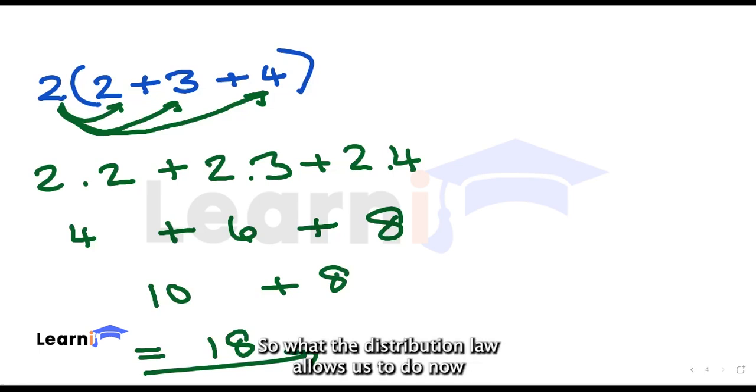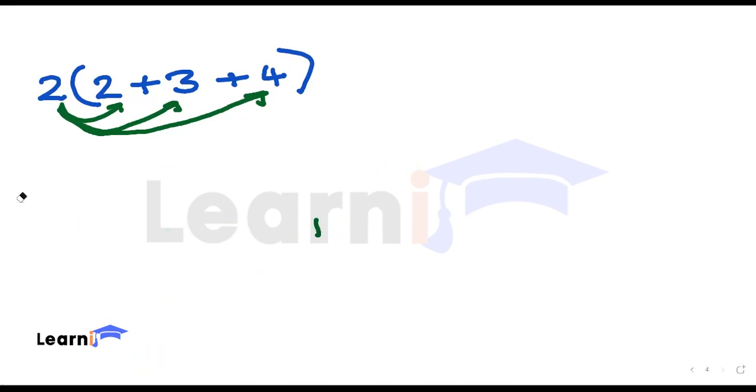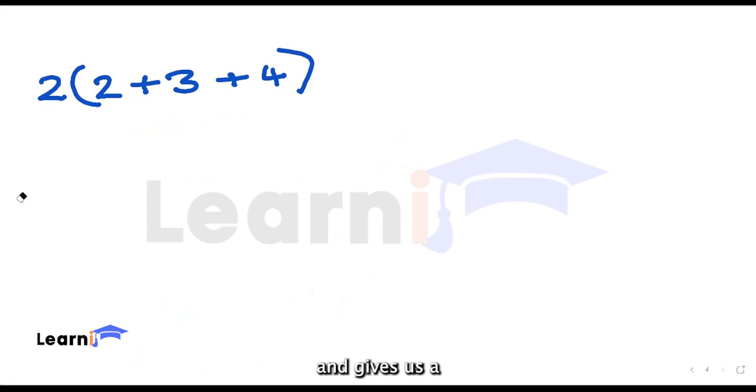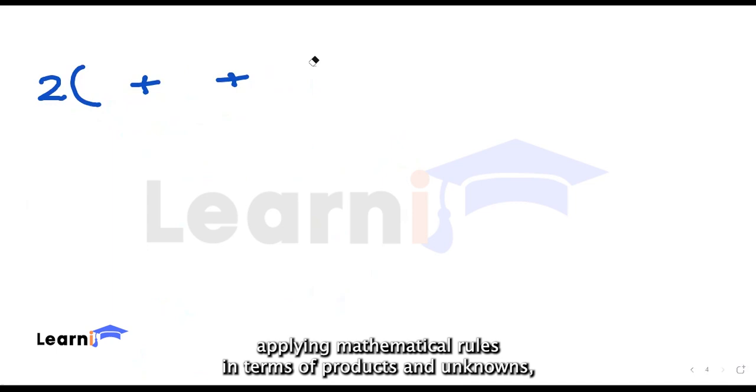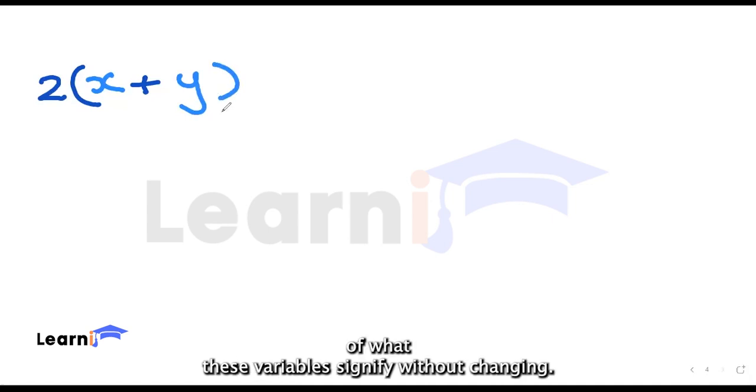Okay, so what the distributive law allows us to do now is work with unknowns and variables and gives us a technique of applying mathematical rules in terms of products and unknowns so that we can still use mathematical laws and still preserve the initial requirements of what these variables signify without changing it.